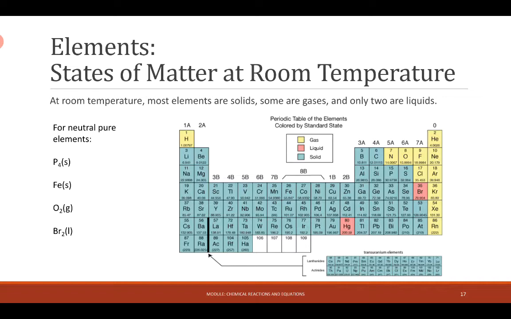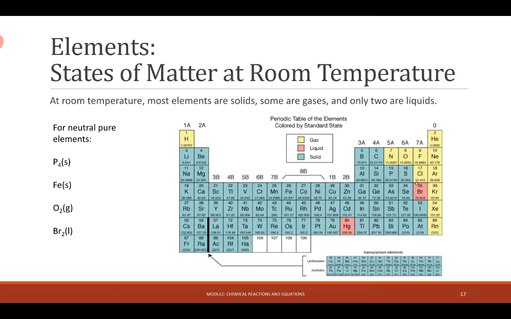So if you have pure elements in your chemical equation, there are states of matter at room temperature that you should be aware of so that you can accurately represent their state of matter for those elements. So this is for pure elements, not compounds. Most of the elements naturally exist as solids.